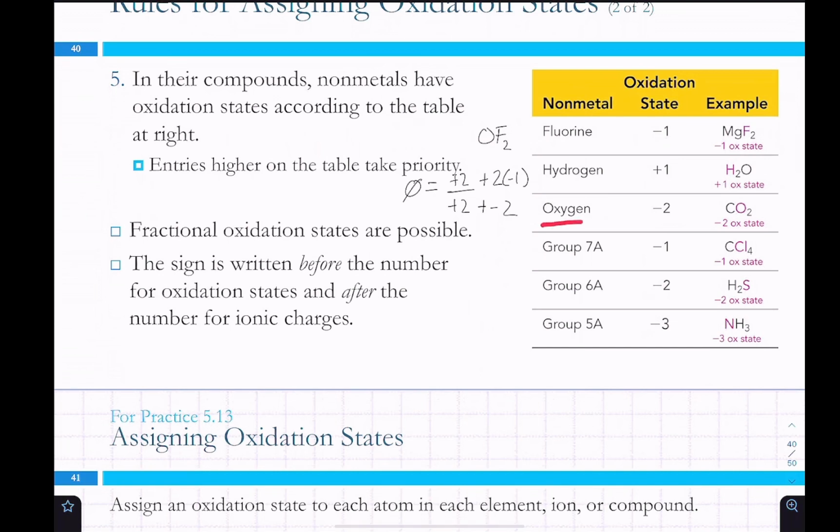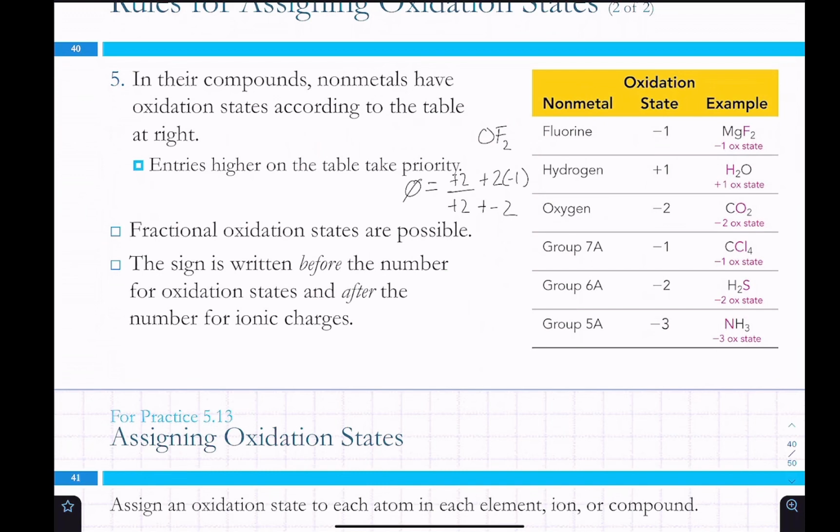And then once you get past oxygen, we just throw groups in, right? So these groups are going to exclude things that are higher on the table. So group 7A is this one, fluorine, chlorine, bromine, iodine. Fluorine, though, is always going to take priority even over those.